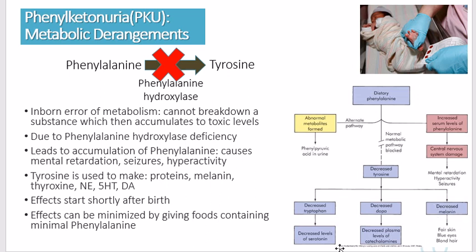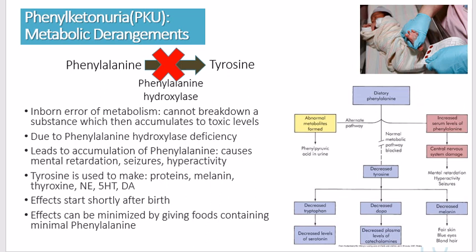So these are the 3 main effects: the reduction in serotonin, the reduction in catecholamines or the decreased dopa, as well as decreased melanin, all because of the reduced formation of tyrosine because of lacking the enzyme that breaks down phenylalanine into tyrosine.